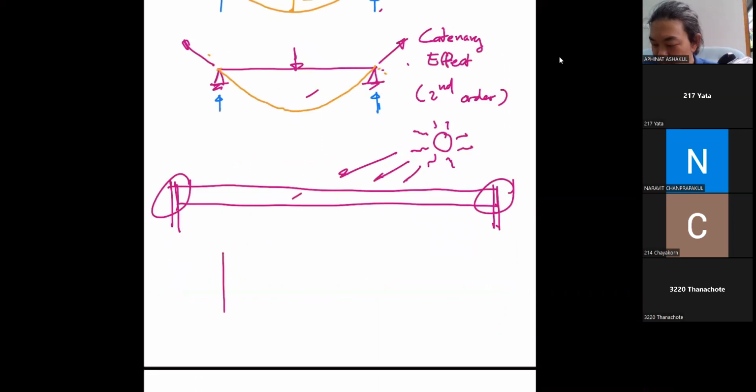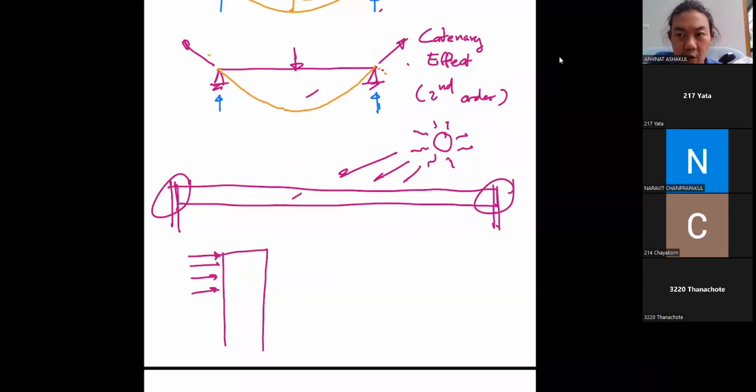In the building, okay? When you have the wind blow to the building like this, your building will move to the side. It will have lateral movement. Do you agree? General question. Please feel free to answer.